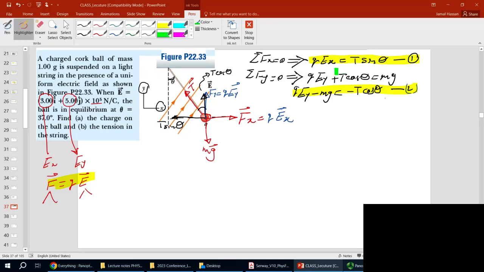We have two unknowns, T and Q. There are different approaches to solve this. The way I'm going to think about it is to divide equation 1 by equation 2, because I want to get rid of the tension first and find Q, and then substitute the value of Q back into equation 1.